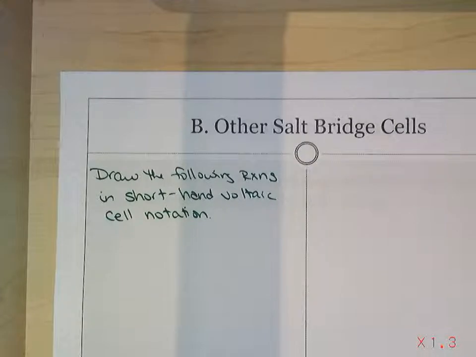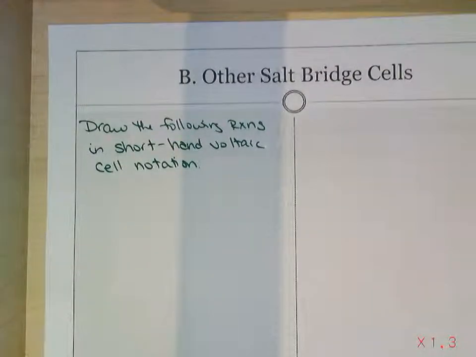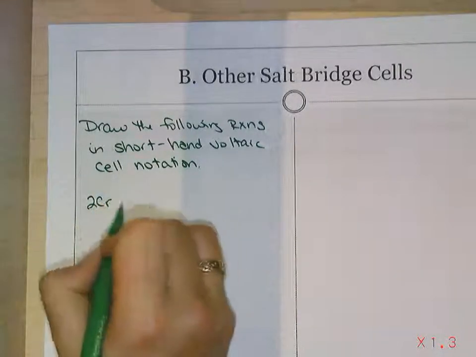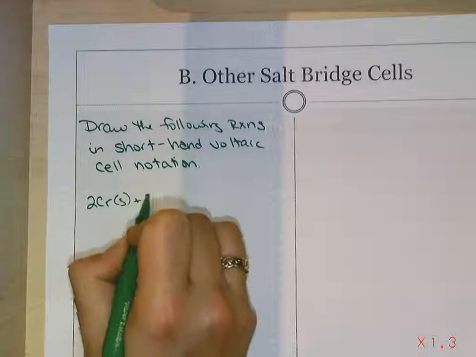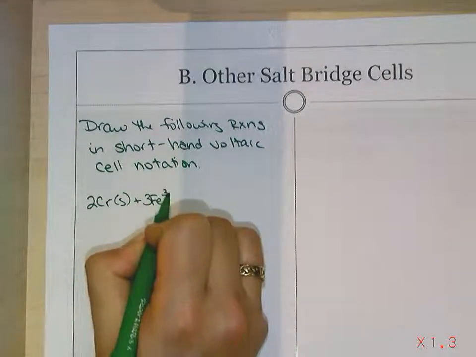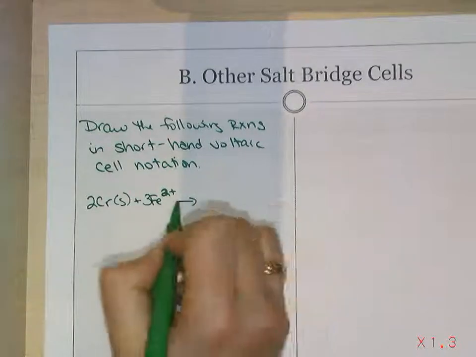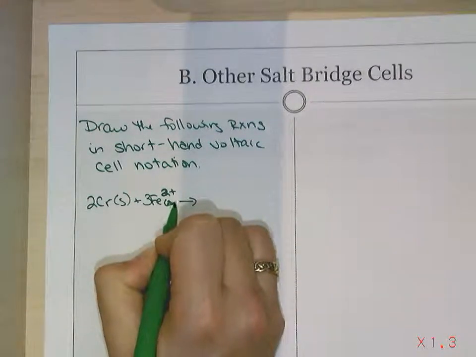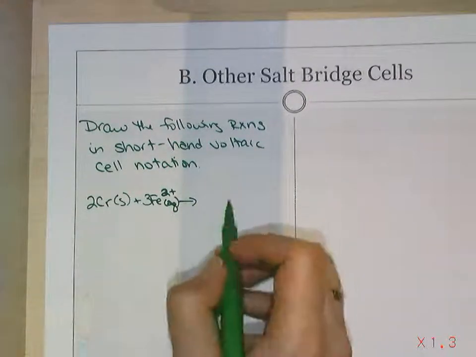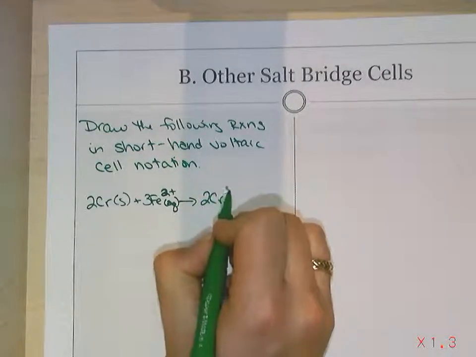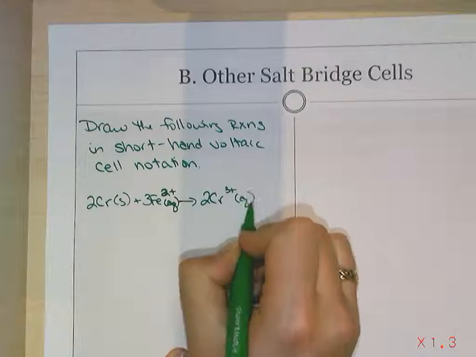Anode, double line, cathode. So I have chromium and iron plus 2 to make a chromium ion and iron solid.